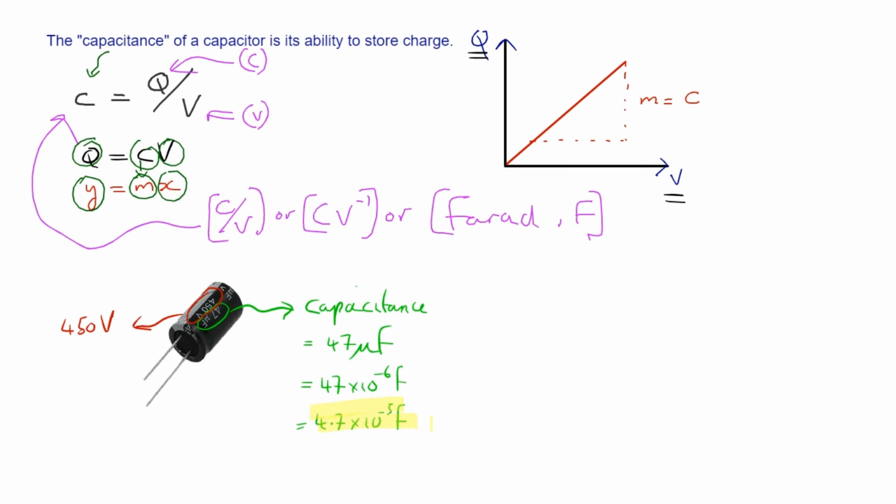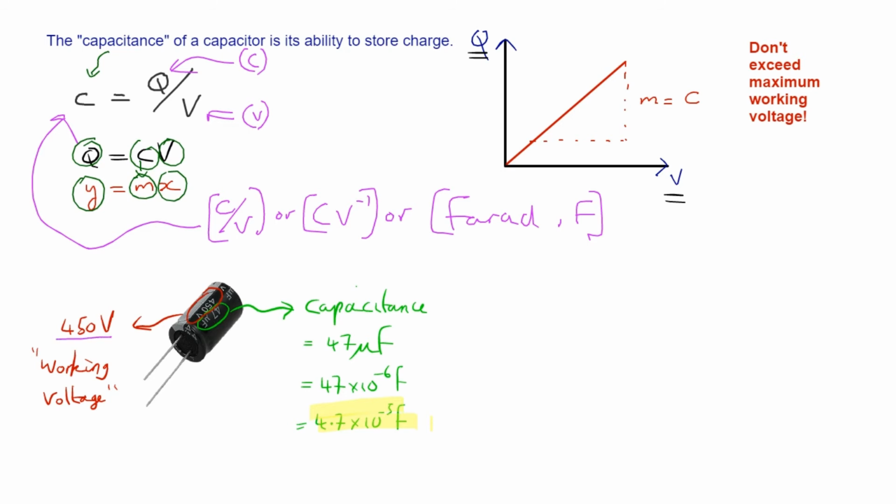That's the working voltage, the maximum voltage you can use with this capacitor, and it's important not to exceed that, because if you do, the capacitor is going to break down.